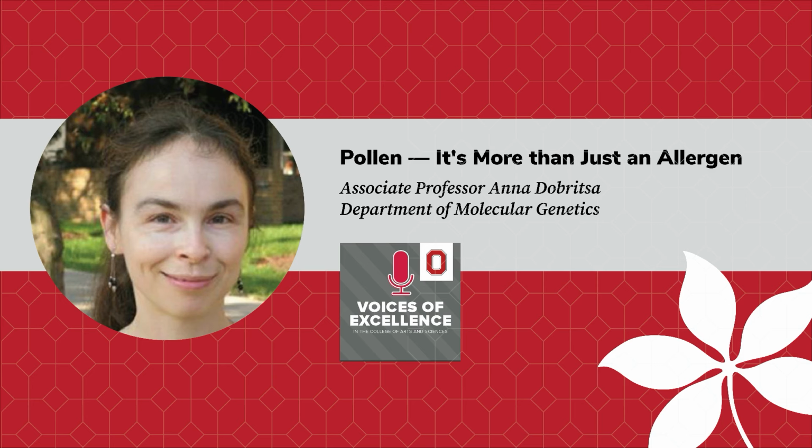Within these pollen grains, I know that you and your lab study specifically what is called exine. Tell us a little more about what exine refers to. Exine is a special cell wall that is going to cover each of the pollen grains. Plant cells are always covered by some sort of cell walls. This is a very big difference from animal cells.